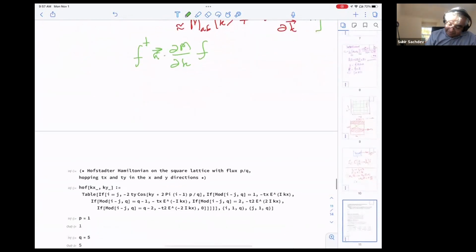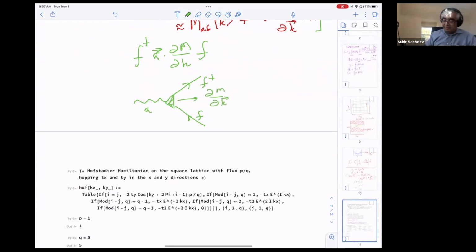So if I draw that as a vertex, I have a gauge field, I have the fermions f dagger, and this vertex here is dm/dk.